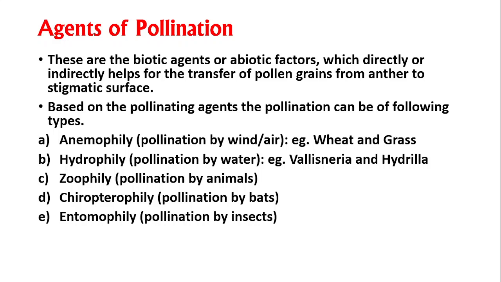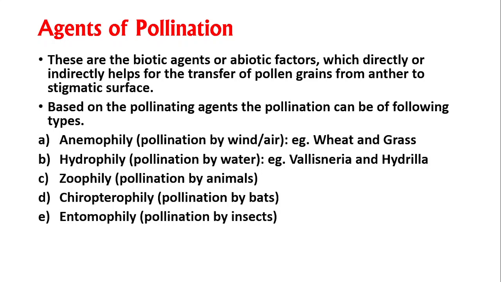So, coming to the next one, that is zoophily. Phily means pollination or the transfer of pollen grains, and zoo means animals. So zoophily is the pollination by means of animals. It's a type of pollination where transfer of pollen grains takes place with the help of animals.